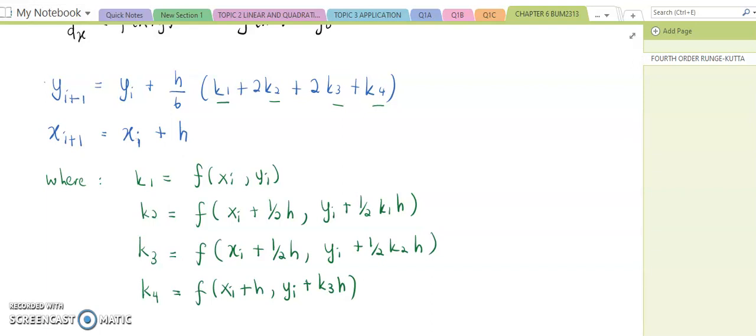That's it. These are the formulas to solve the ordinary differential equation by using the fourth order Runge-Kutta method.